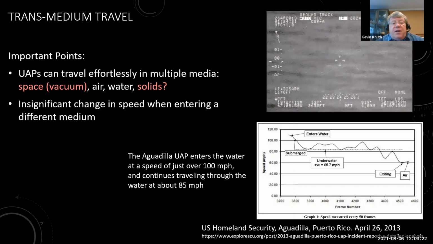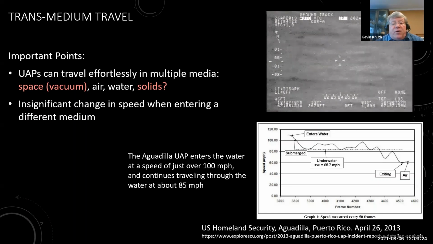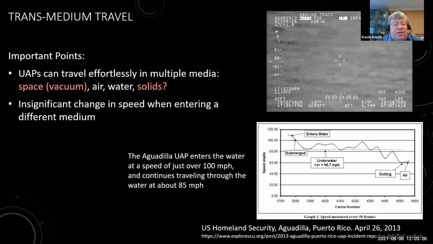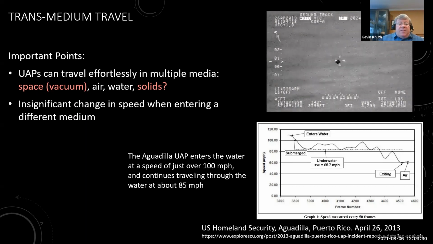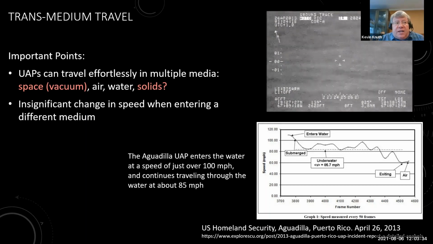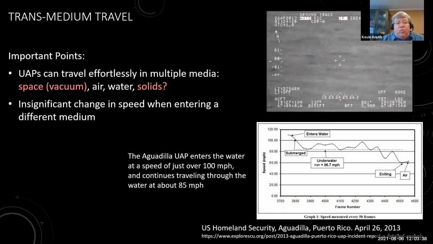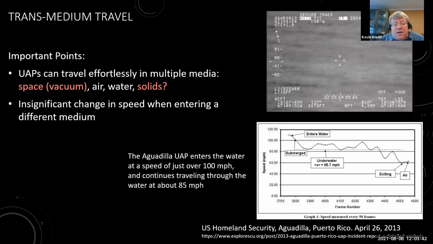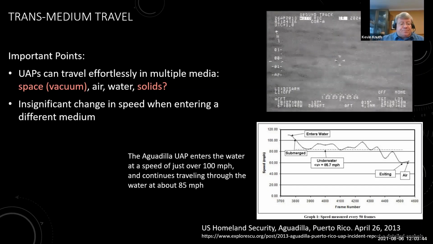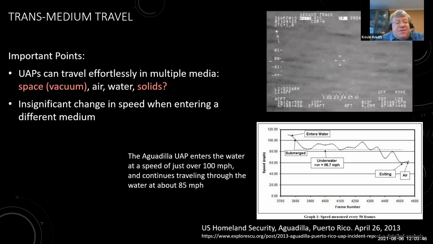But none of those radar operators have come forward to talk about what they observed, so I have that in red. And then I asked the question: these things have moved from air to water effortlessly, can they move through solids? There are almost literally a handful of cases where people claim to observe this, although nothing definite. Next slide, please.